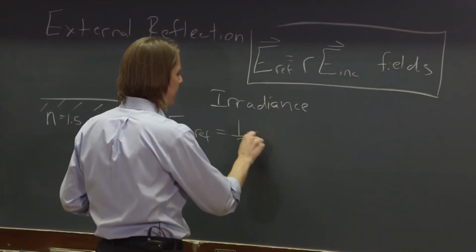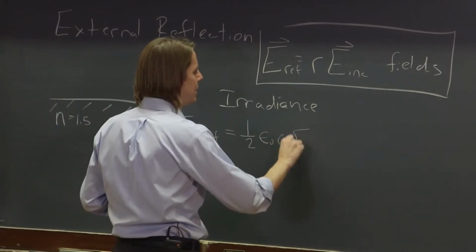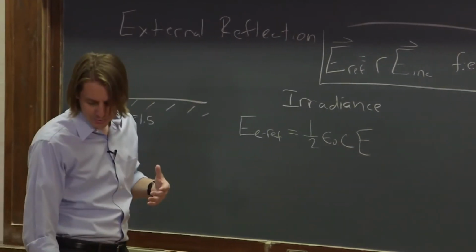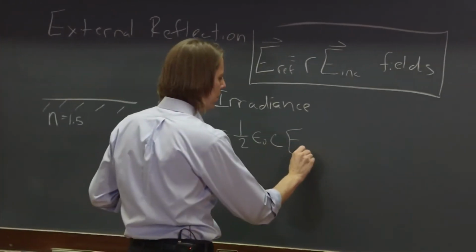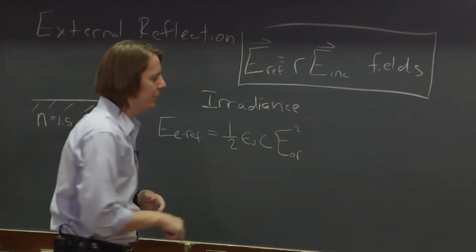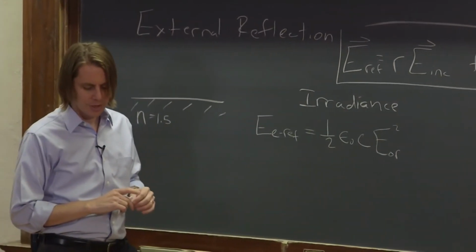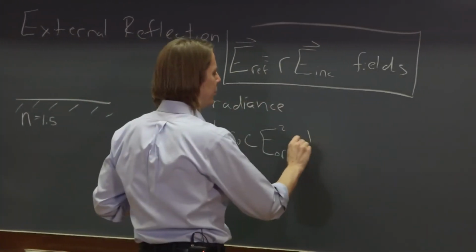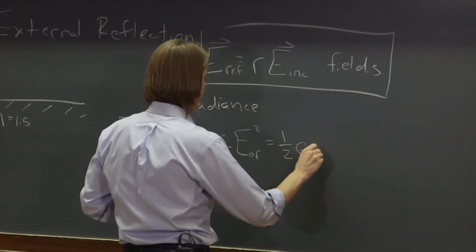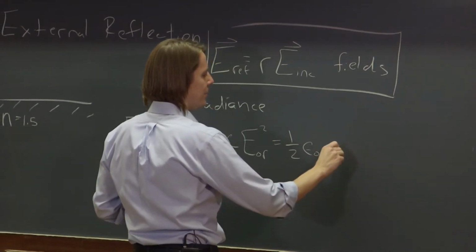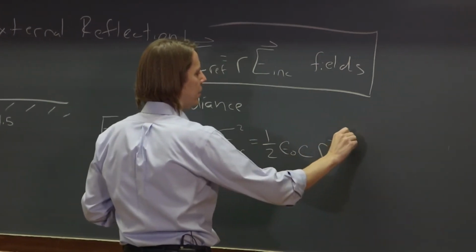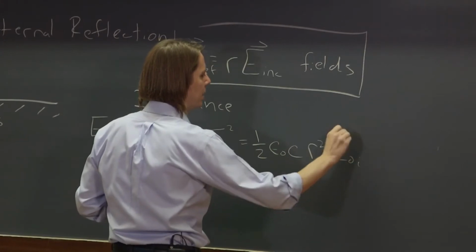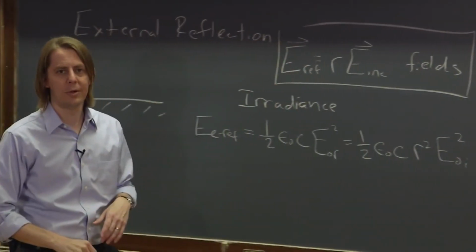It's 1/2 epsilon naught c times the reflection amplitude, E naught R squared, as we sort of defined it earlier. Okay, but we could write that in terms of the incident amplitude. We could say, oh no, it's 1/2 epsilon naught c times r squared E naught I squared. We could write it that way.